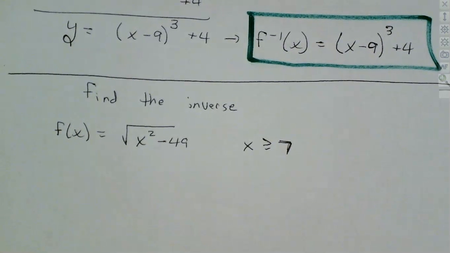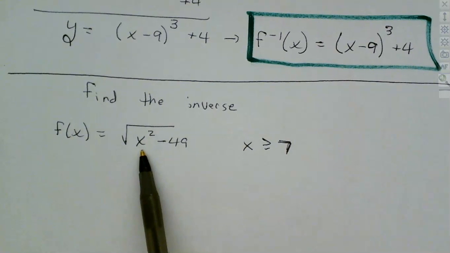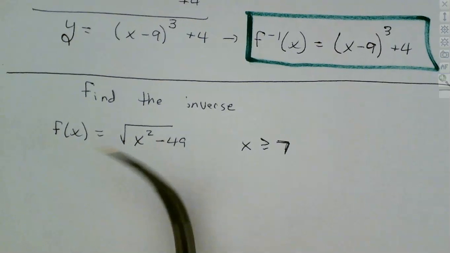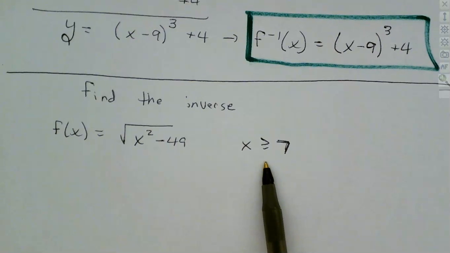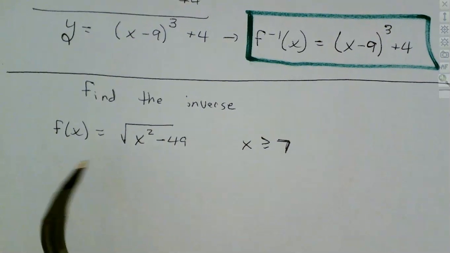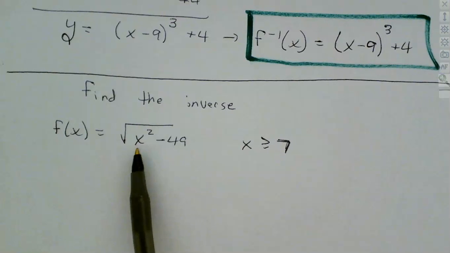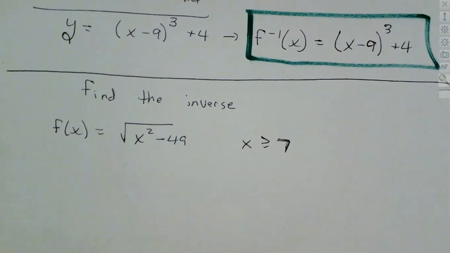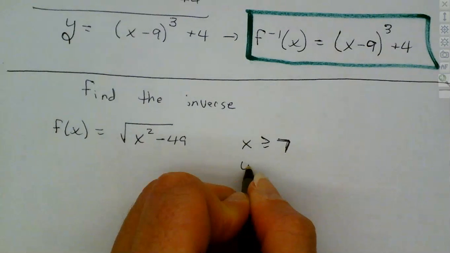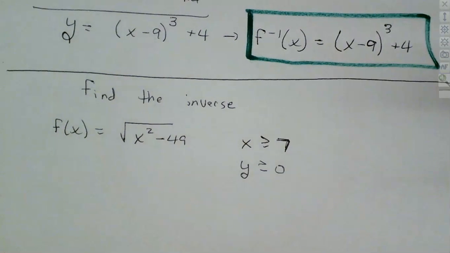Now, let's go ahead and find out what the range would be. We're going to look at this just by thinking about it and plugging in the 7. If I plug in the 7, what do I get? Okay, 7 squared, that makes it a 49. 49 minus 49, that makes it a 0. Now, x is always going to be bigger than or equal to 7. So the smallest it could ever be when we look at our range here is going to be 0. So your range would be y is greater than or equal to 0.